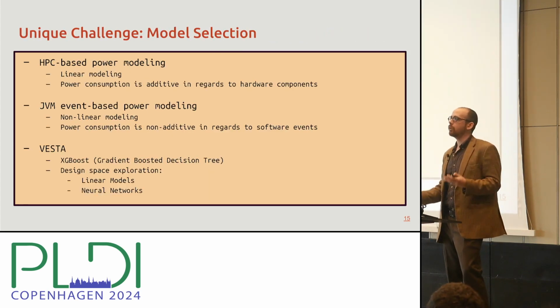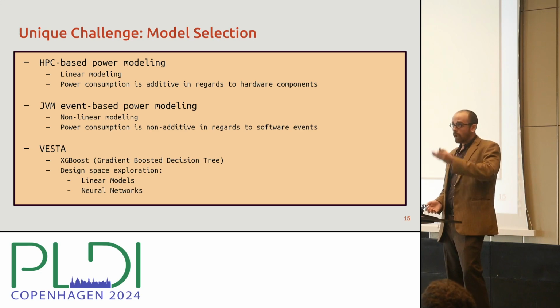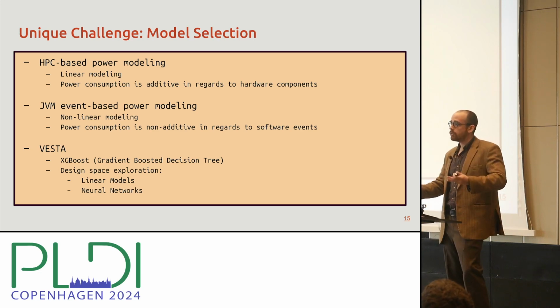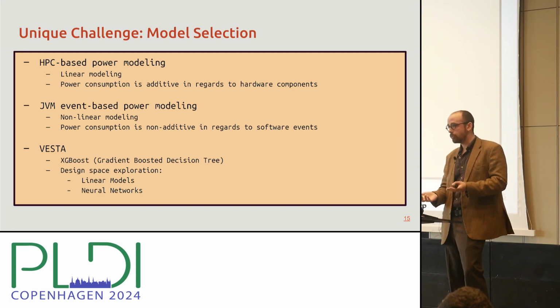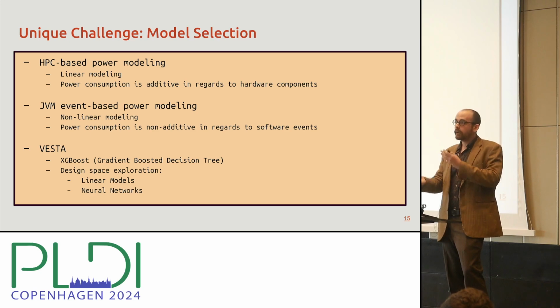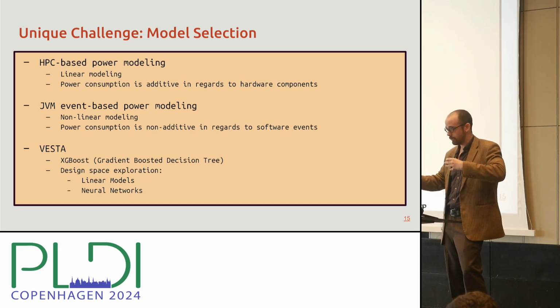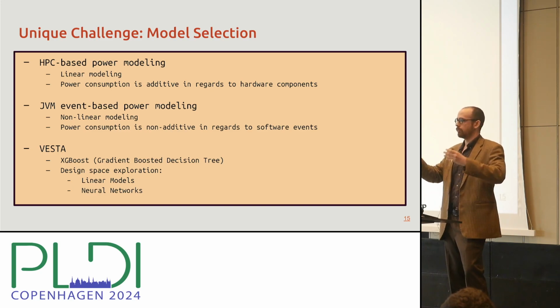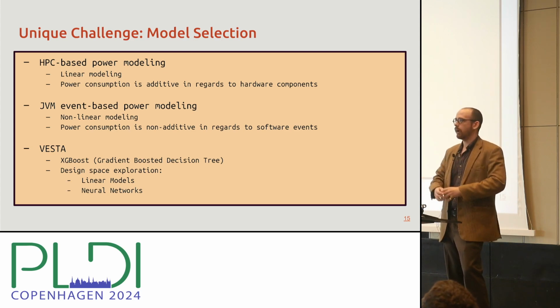Another unique challenge associated with VESTA here is that, unlike HPCs, which traditionally use linear regression techniques, right? A linear regression model fits quite nicely with the intuition of how these HPCs can be mapped to energy. Insofar as you have a cache, different levels of caches, TLB, an ALU, right?